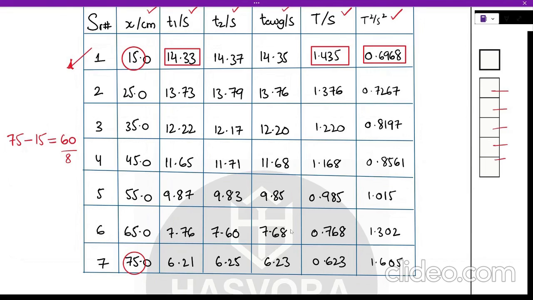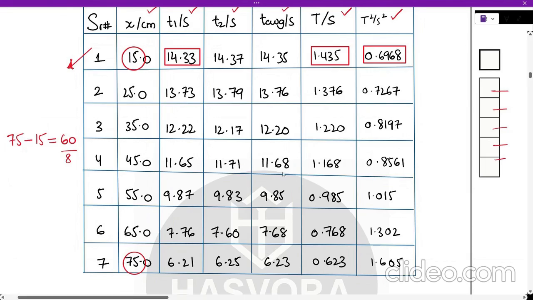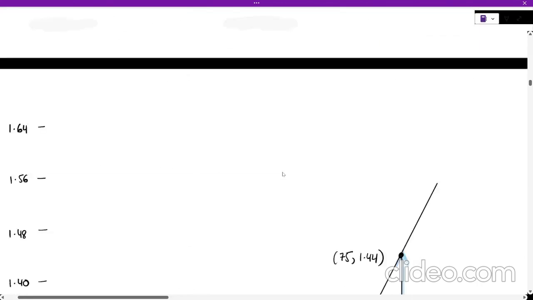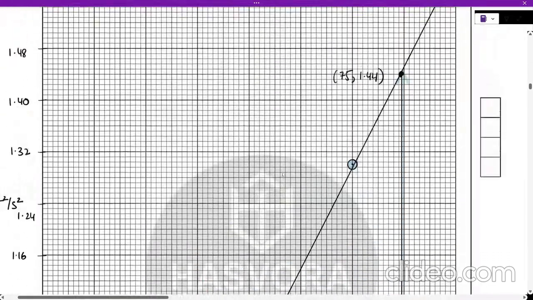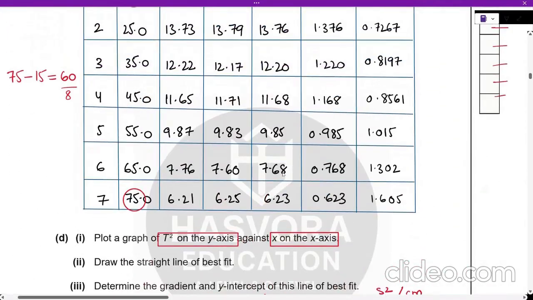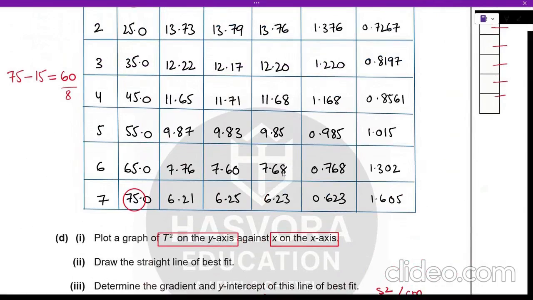I subtract them from each other, and then I check how many boxes I have been provided with on the x-axis. Here I have been provided with 8 boxes, so I divide by 8, and it comes out as 7.5. But 7.5 would be an awkward scale, and I will lose marks if I take one box as 7.5. Always take 1, 2, 3, 4, 5, or 10.